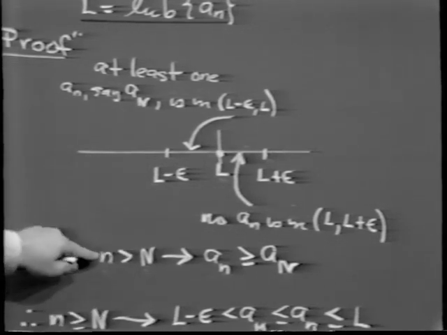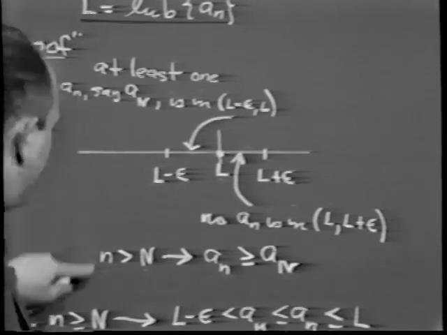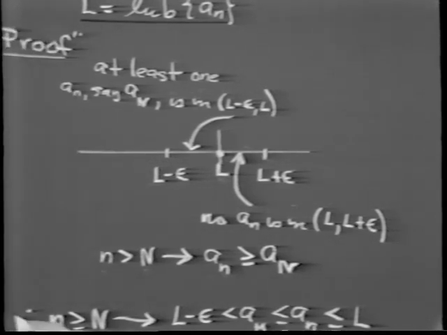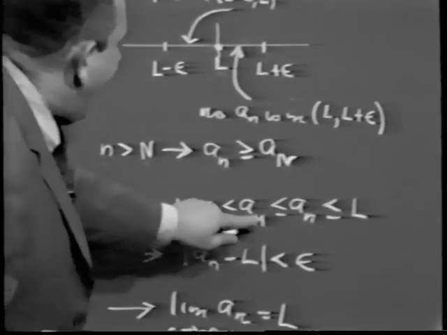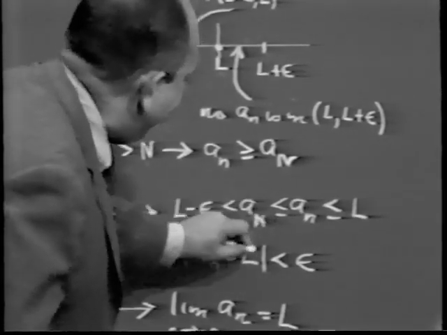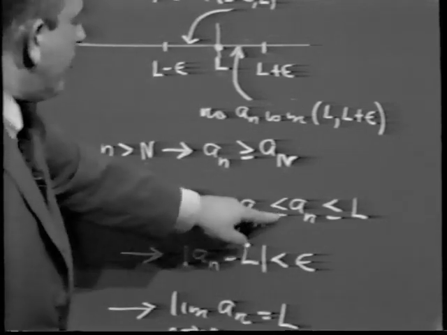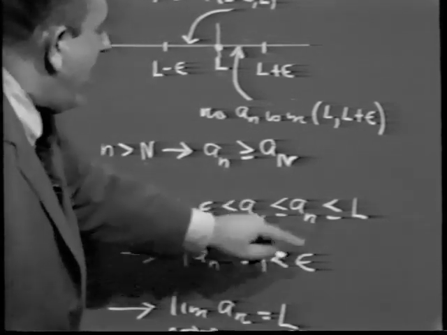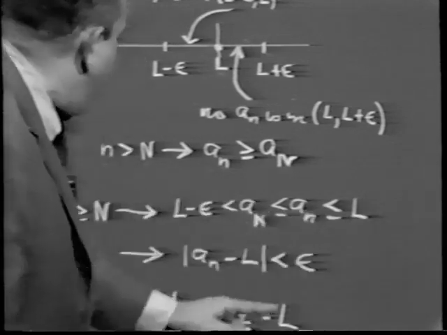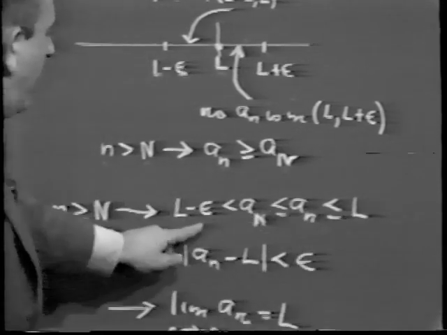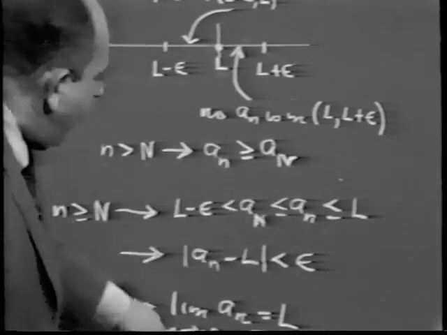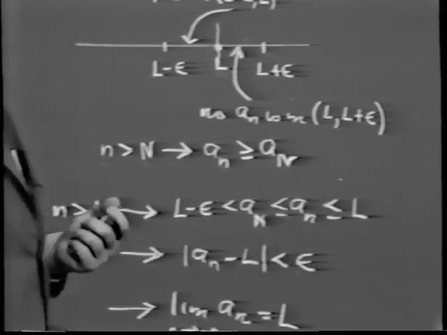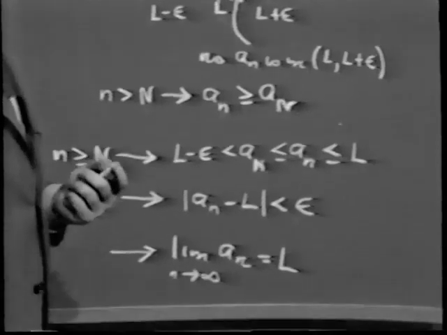Notice then that if n is greater than or equal to capital N, L minus epsilon is less than a sub capital N, which in turn is less than or equal to a sub little n, which in turn is less than or equal to L. And that's just another geometric way of saying that a sub n is within epsilon of L, and that's exactly the definition that the a sub n's converge to the limit L.